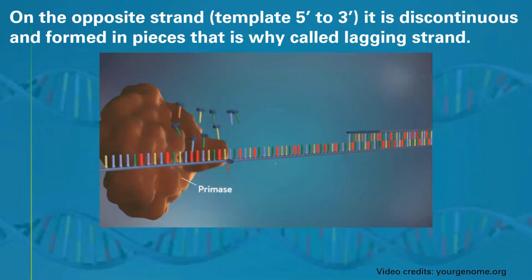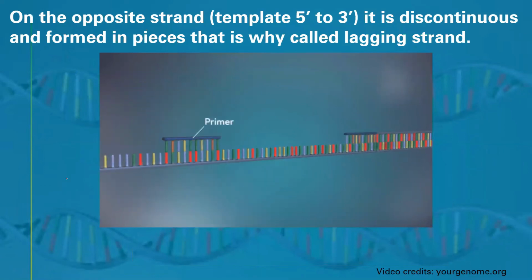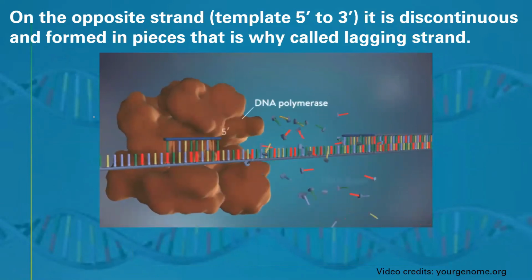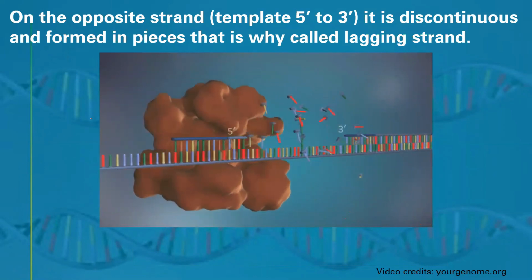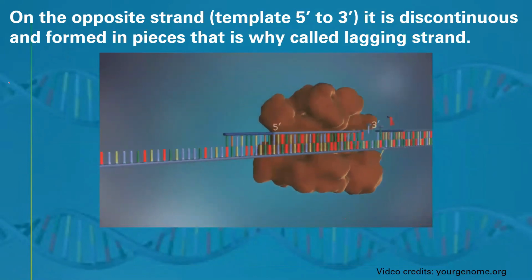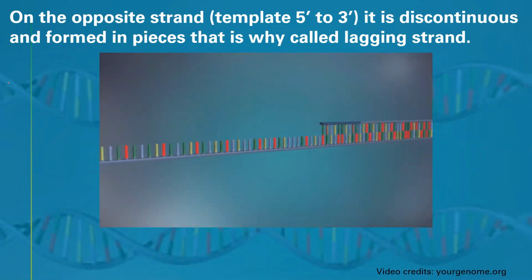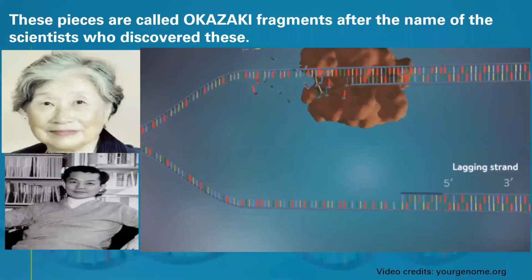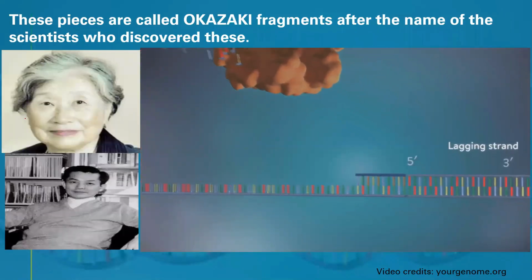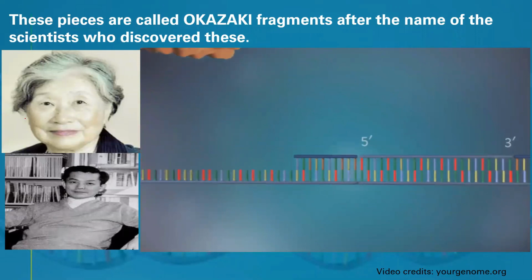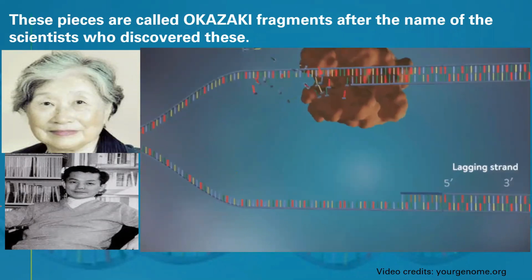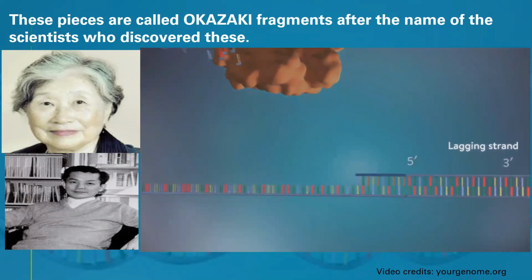On the other hand, see how DNA is formed in small stretches on the template 5' to 3'. These are the small fragments. The name of these small fragments is Okazaki fragments, named after the scientist who discovered them. Here you can see these two, Okazaki.